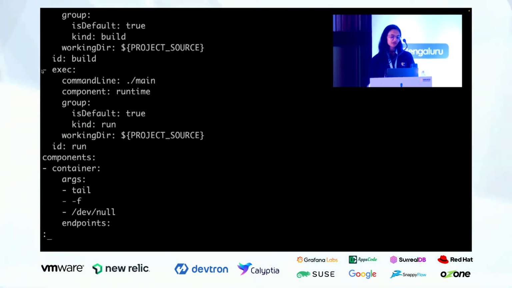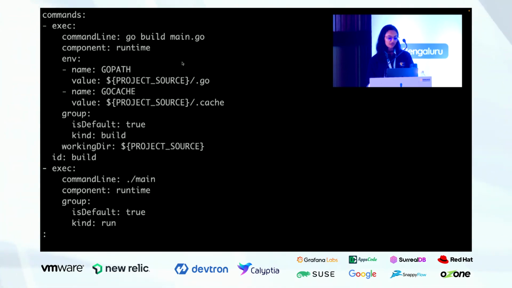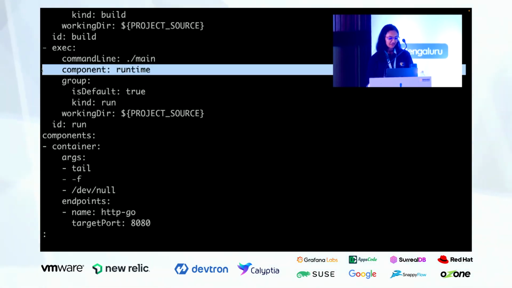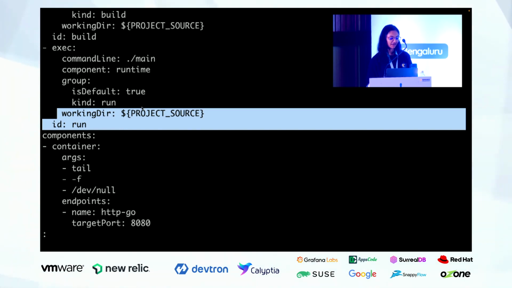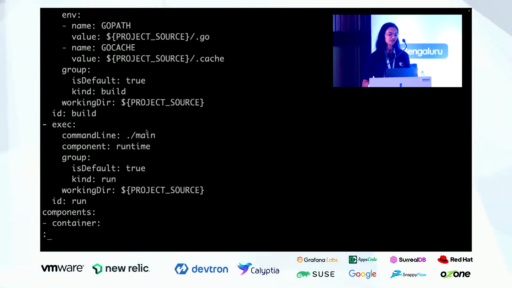We've got another command which will use the binary that was created by running go build main.go. So it will run this main binary inside the container component. You can do the same thing as before, working directory and ID. Then there is this thing called group. Now it's optional, but in case of Odo, we like to use it to know which command should be run first.